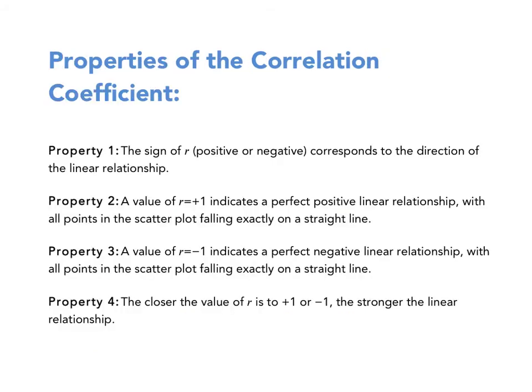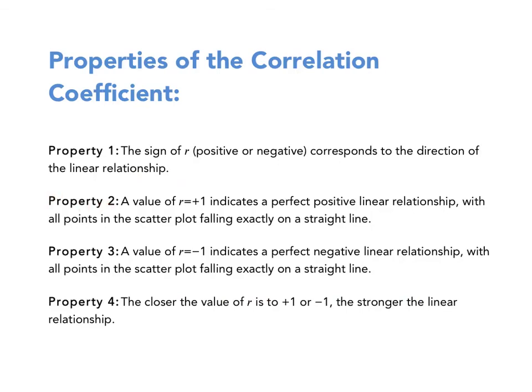There are 4 properties of a correlation coefficient, and you need to write these down in your notes. Property 1, the sign of R, positive or negative, corresponds to the direction of the linear relationship. So we saw that. A positive correlation had a positive correlation coefficient, and a negative correlation had a negative correlation coefficient.